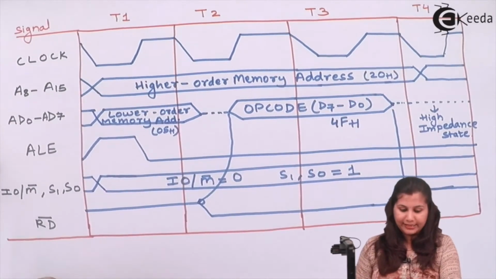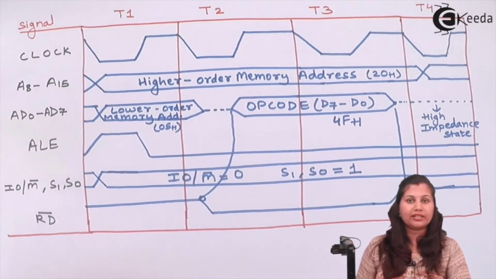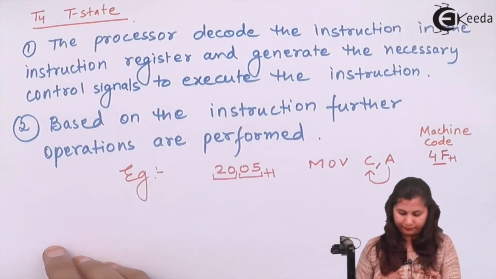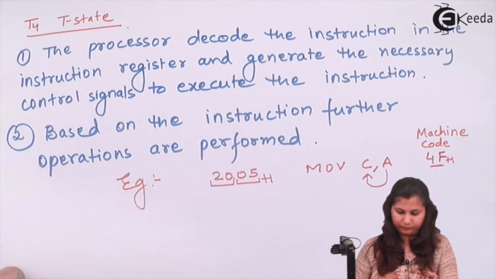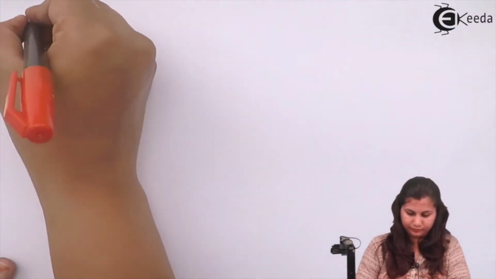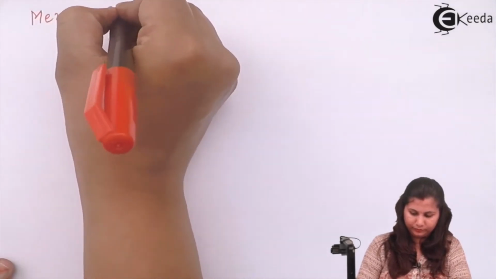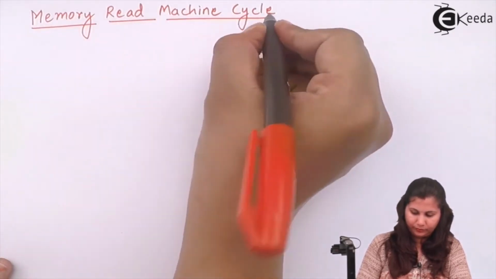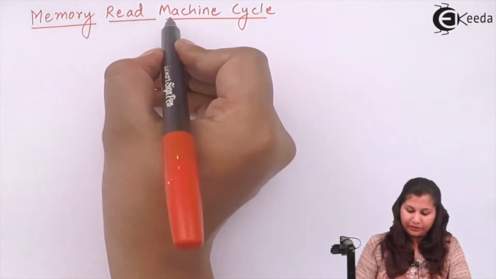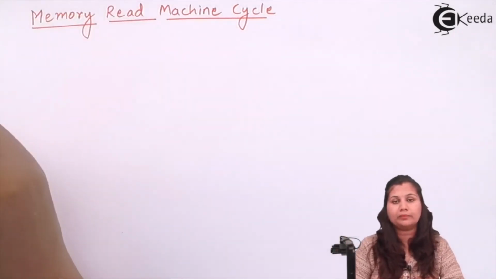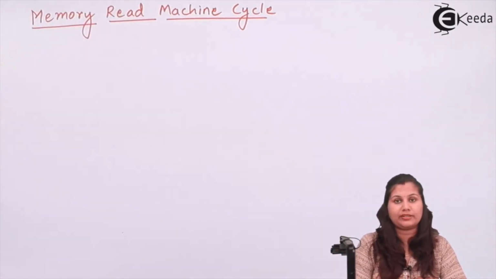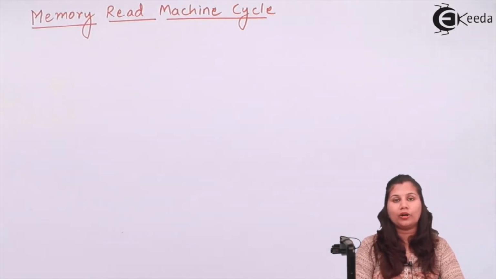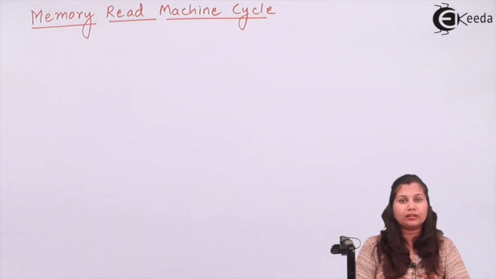Okay. The next cycle we will study is the memory read machine cycle. This cycle is executed by the microprocessor when the processor is performing the read operation, when it has to read any data or any contents from the memory.